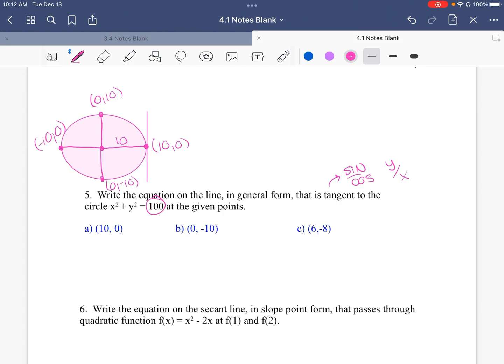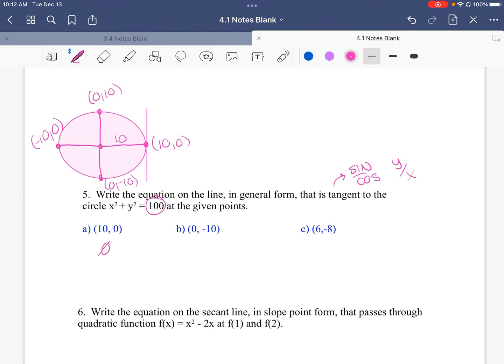So write the equation of the line in general form that is tangent to the circle x squared plus y squared equals 100 at the given points. So if we have a circle, let's draw it up here. Beautiful. It's more of an oval, but we'll take it.